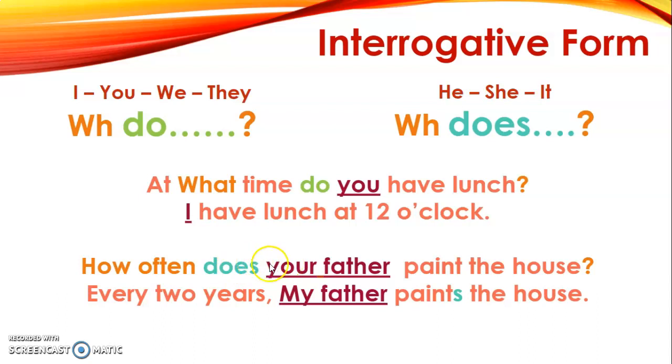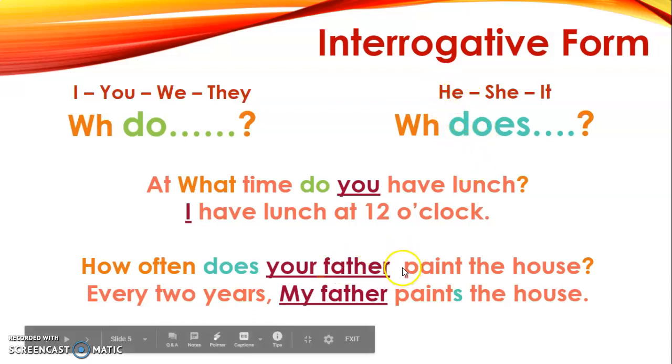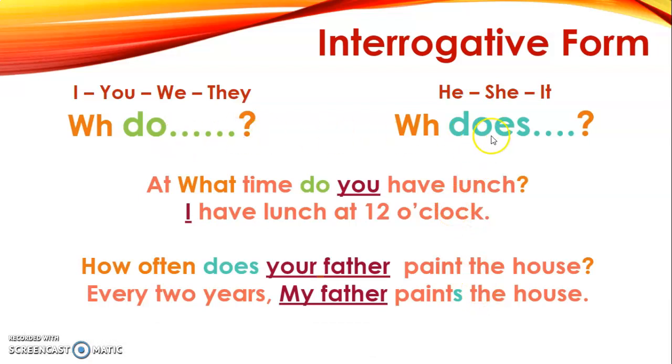Does, auxiliary does, porque el protagonista de esta oración es your father, tu papá, que corresponde al pronombre he, como lo mostramos acá. ¿Listo? La respuesta dice cada 2 años, every 2 years, porque él pinta cada 2 años. Y en el verbo le ponemos una S porque aquí en la respuesta ya no se pone does. Recuerden que esto se utiliza para las frases negativas y para las preguntitas, no para las frases afirmativas que ya conocemos.